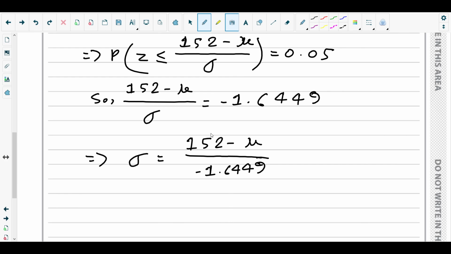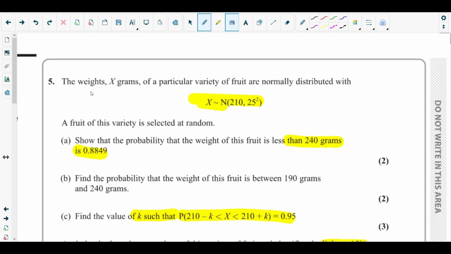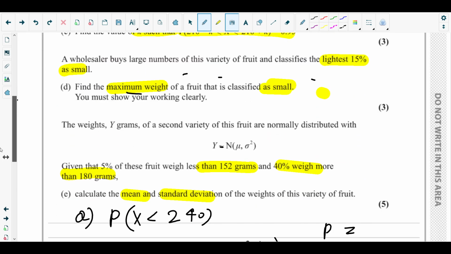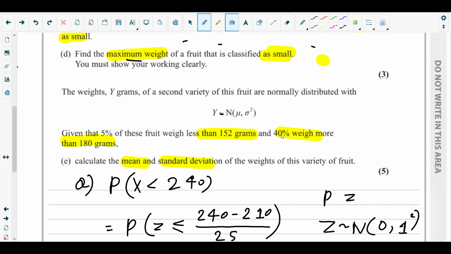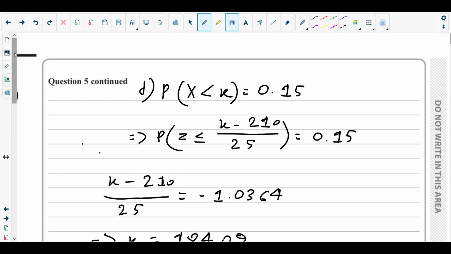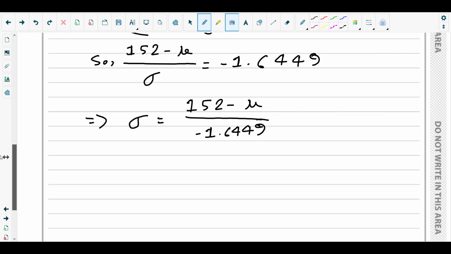Now we have to make a simultaneous equation using the next data that is given in the question, which is 40% weigh more than 180 grams. 40% weigh more than 180 grams, so the probability of Y greater than 180 is equal to 40%, that means 0.4, right?